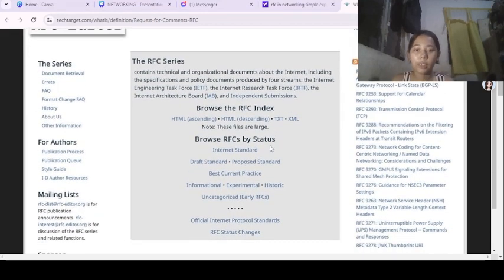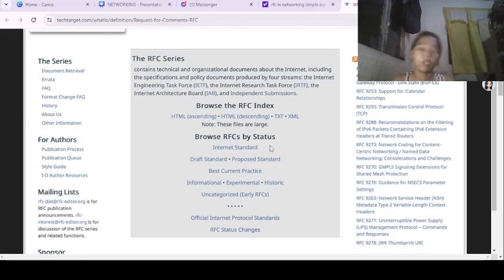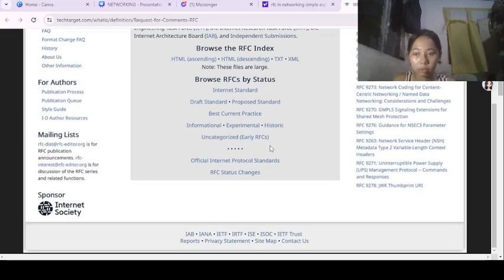RFCs draft specifications such as for routers and the internet.